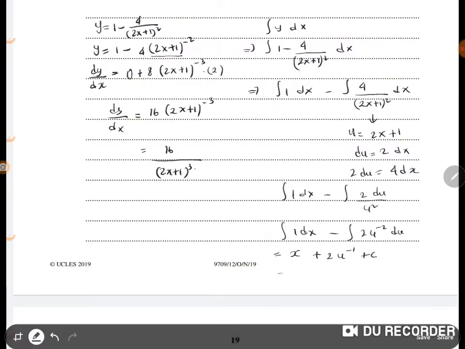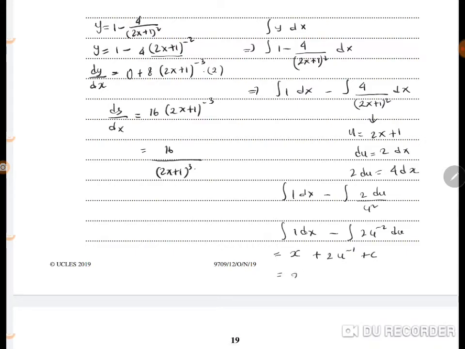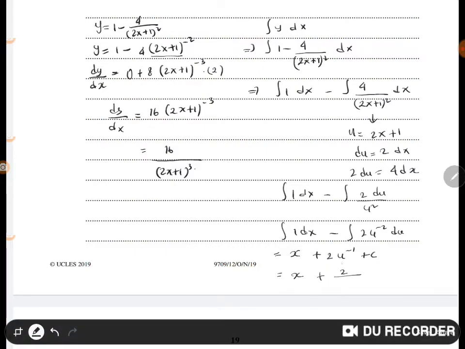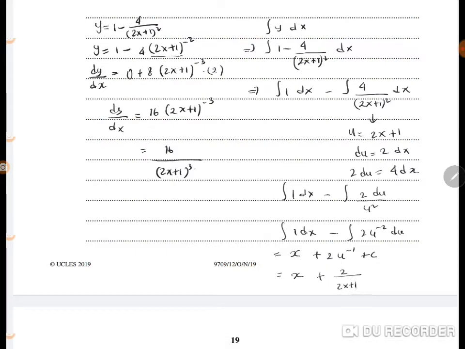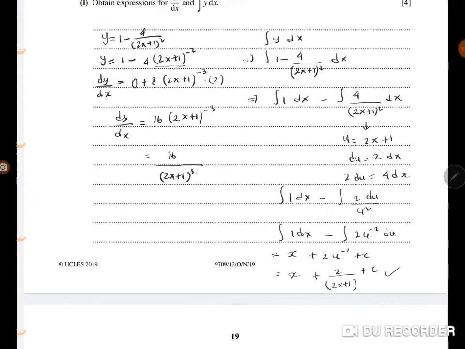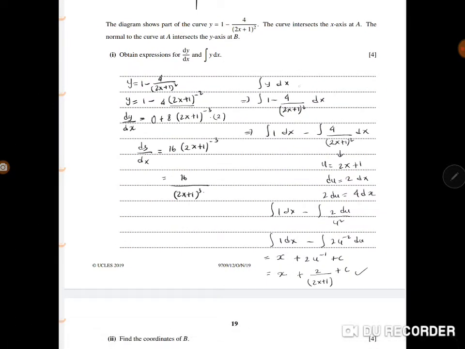So the answer is x plus 2 over (2x plus 1) plus c. This one is for the integral, and the other is for the derivative.